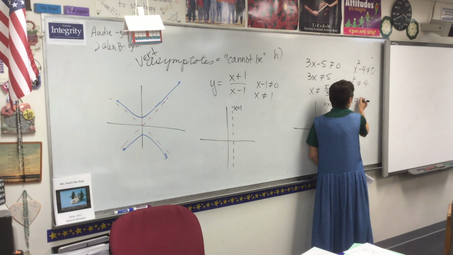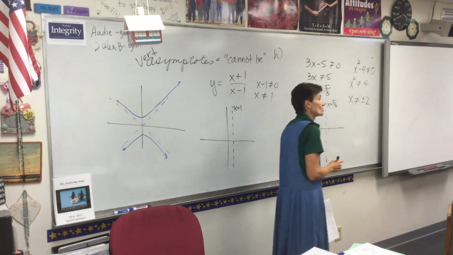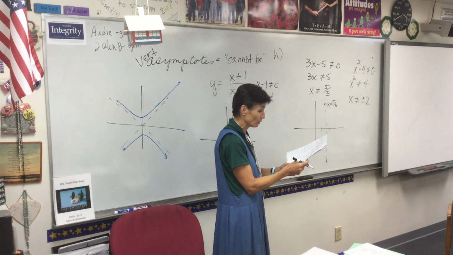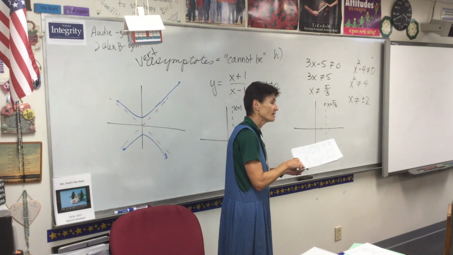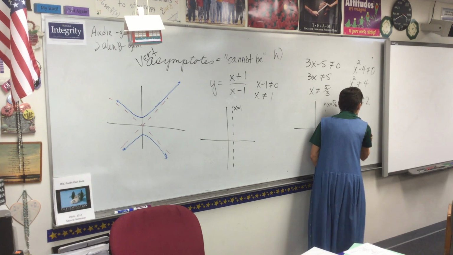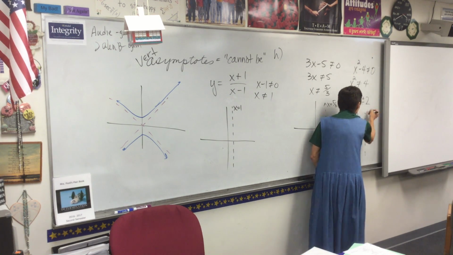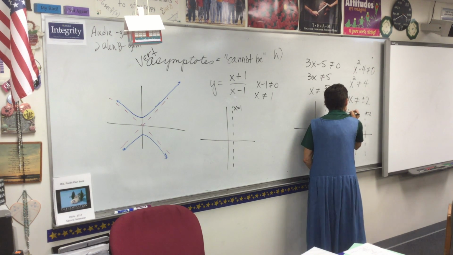So x can't be, watch it, positive or negative 2. Very good. So whatever this picture is going to end up looking like when we, in a few weeks, graph that whole thing, it's going to have 2 vertical asymptotes. It's going to have one at 2 and one at negative 2.